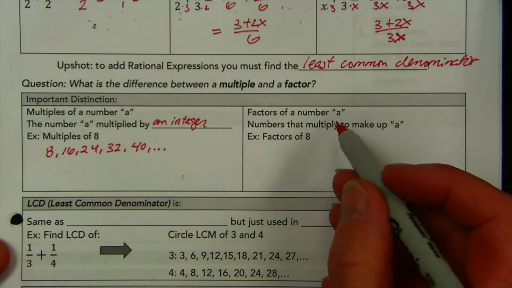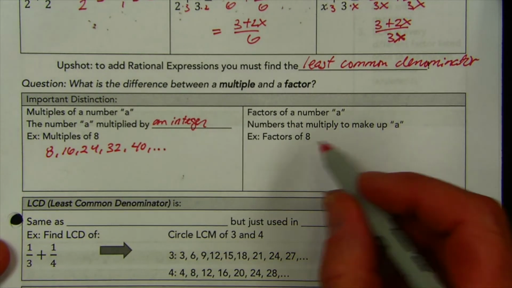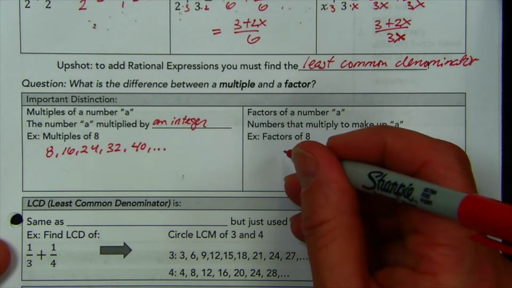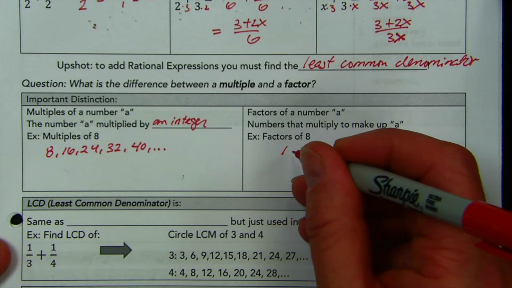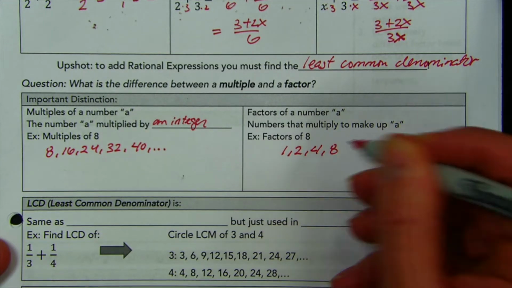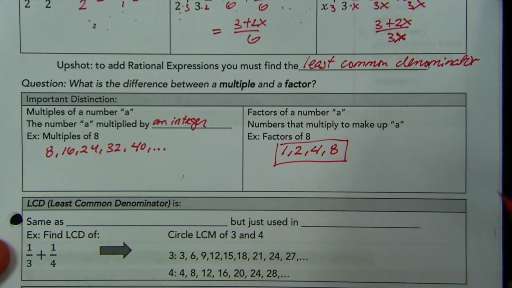Okay, factors of the number a. Numbers that multiply to make up a. For example, let's say if a is number 8, what is to make up a? So we got basically 1 times 8. We have 2 times 4, and 8. So that's basically all the factors of 8.